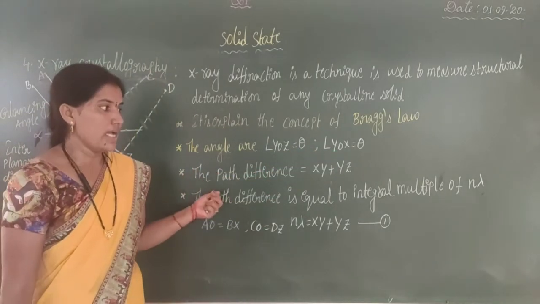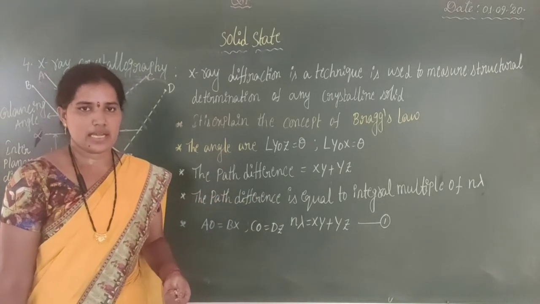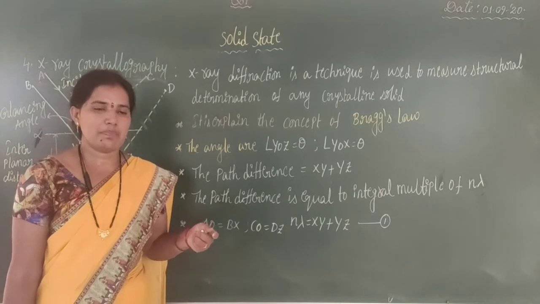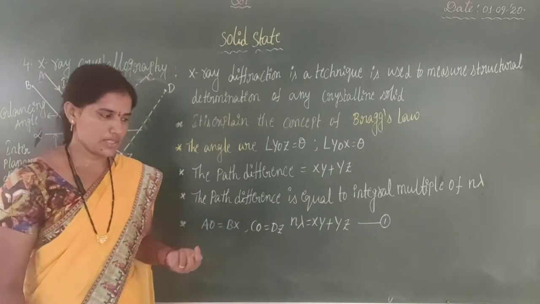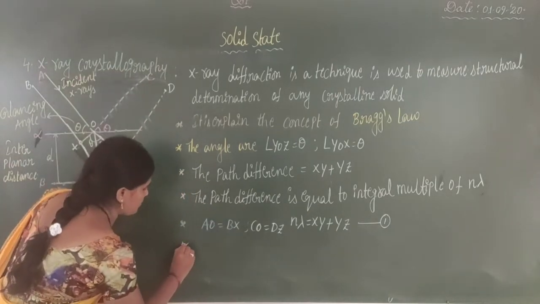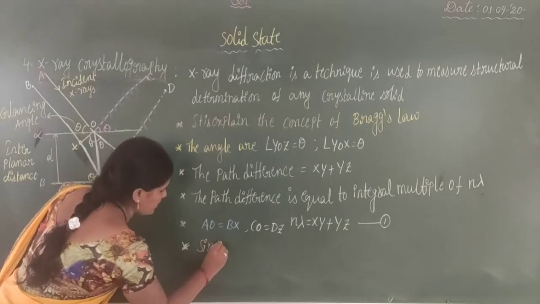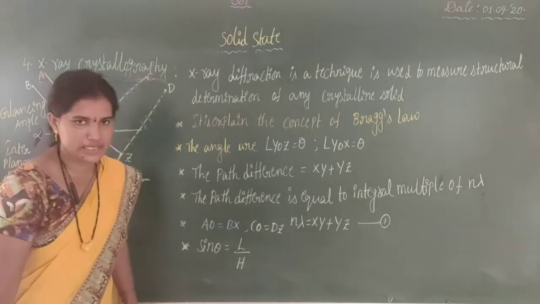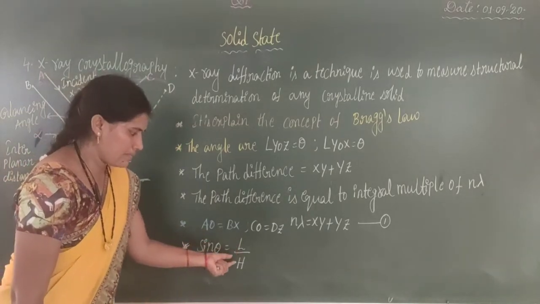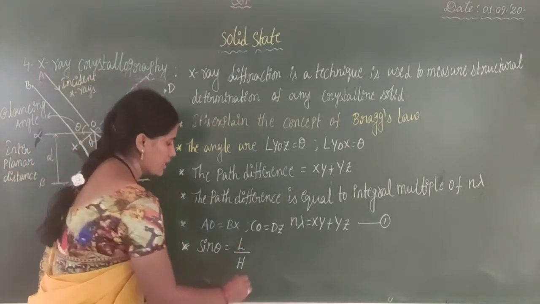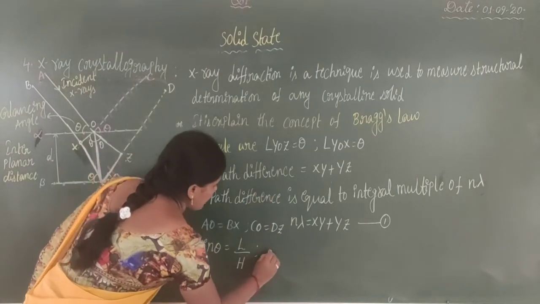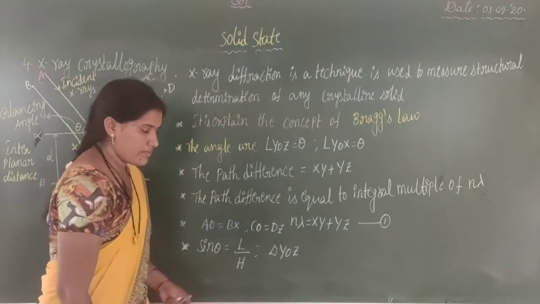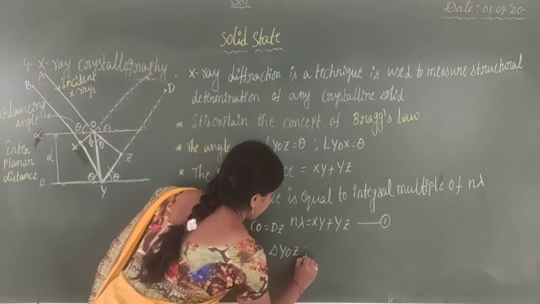Sin theta is equal to the length of the perpendicular arm by its hypotenuse, that is, L by H. First, you can calculate for the angle YOZ.